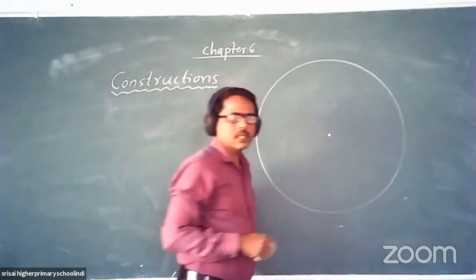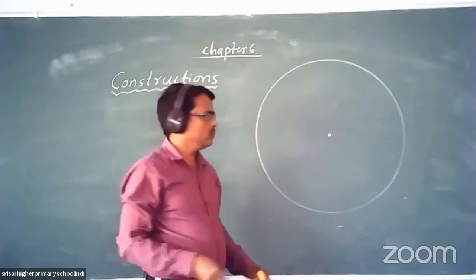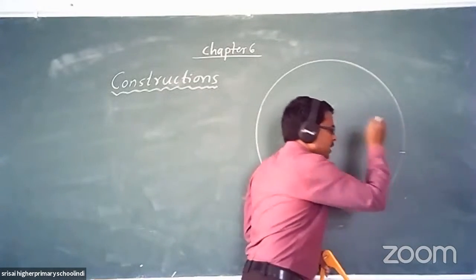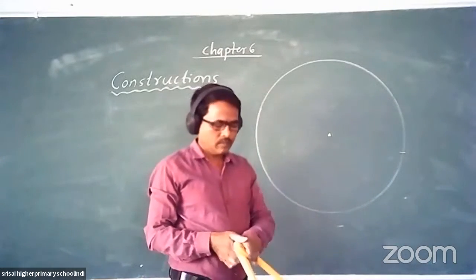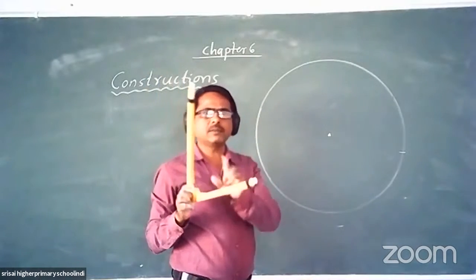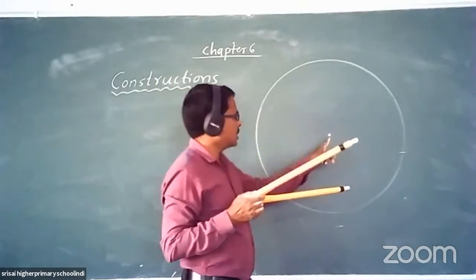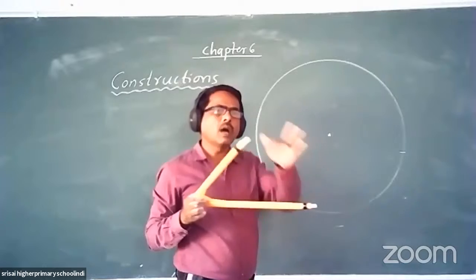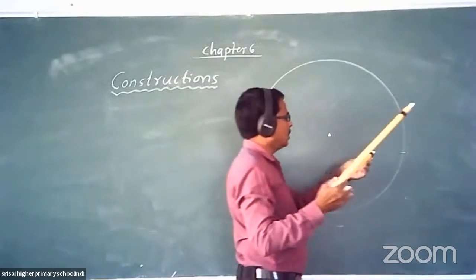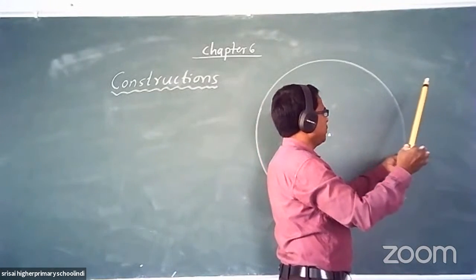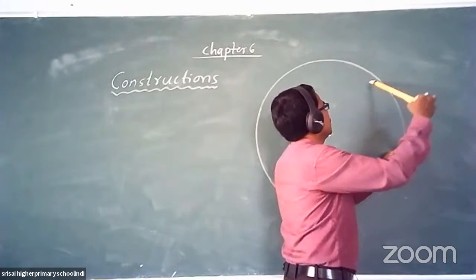You have drawn one circle. Now mark a point here. Without changing the radius, that is the radius of this circle, or this arc length, put the fixed arm of the compass on this point.